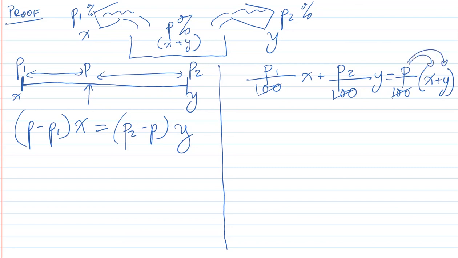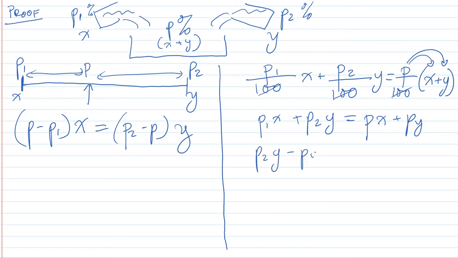And second of all, I'm distributing that P, so I end up with P1X plus P2Y is equal to, and distribute, I get PX plus PY. All right, I'm going to move all the Y's to one side and the X's to the other side. P2Y minus PY is equal to, PX is already on the right side, and I subtract P1X from both sides to get it to the right side like this.